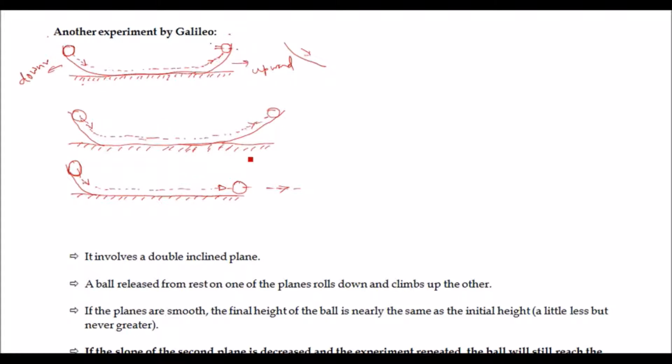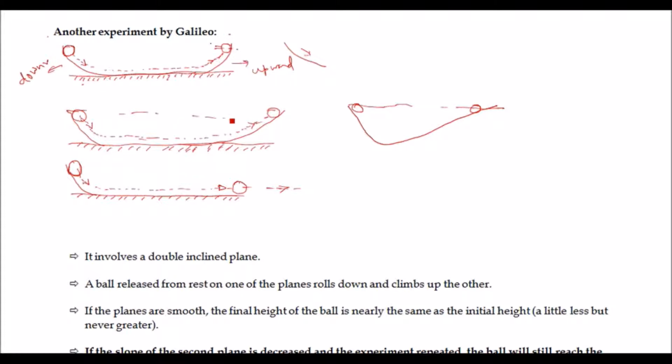Galileo further changed the inclination, keeping the height constant. This is shown in this figure. He changed the inclination, and it was observed that the object moved a greater distance while the height remained the same.